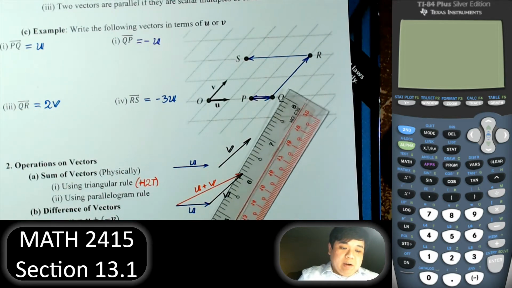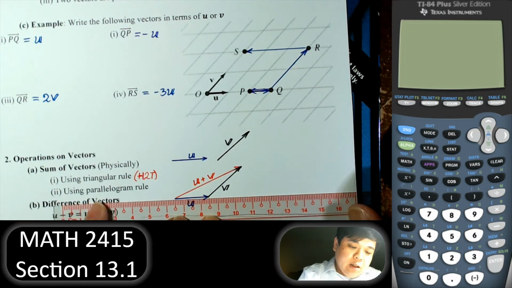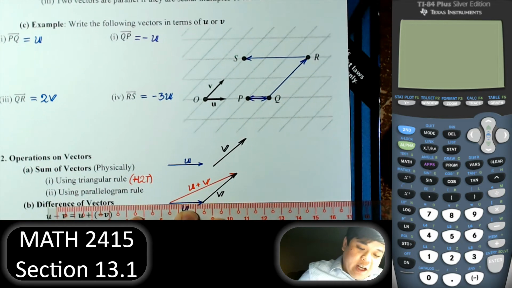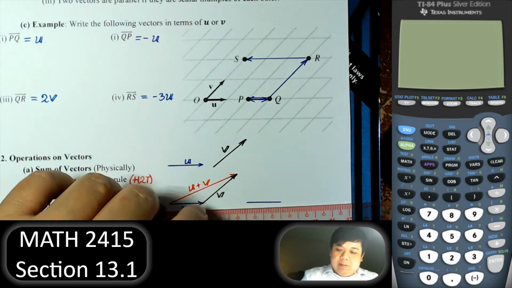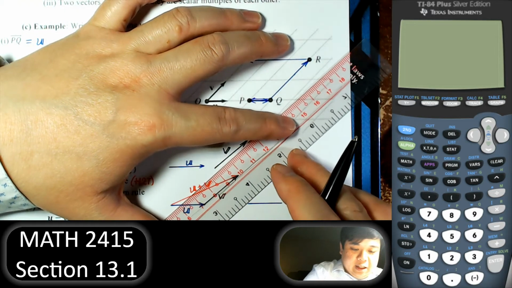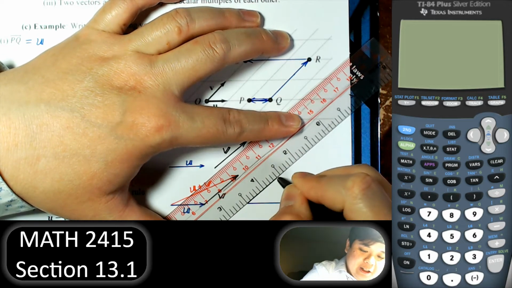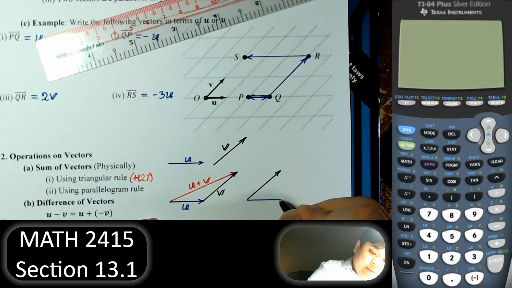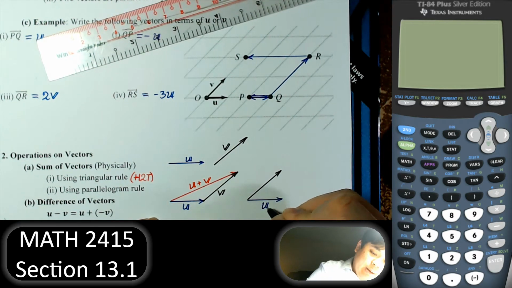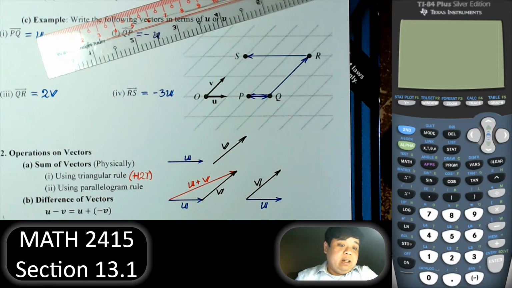For the parallelogram, we're going to move the vectors so that both of the tails are at the same point. This one is about 1 inch. Again, a vector has no location, we can just move them freely.